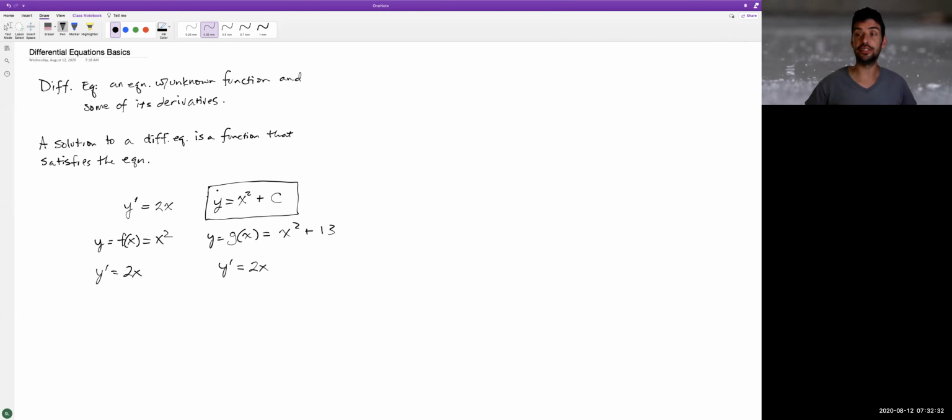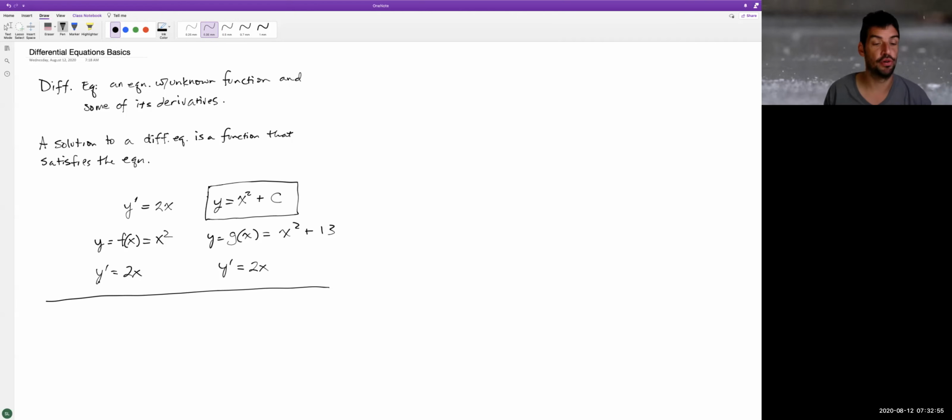The plus c can just raise and lower that function, okay? So that's an example. Notice that these functions satisfy this differential equation, meaning it's true for the function x squared plus c that its derivative is 2x.